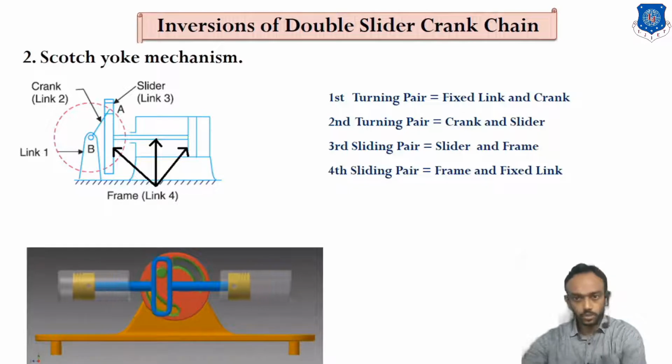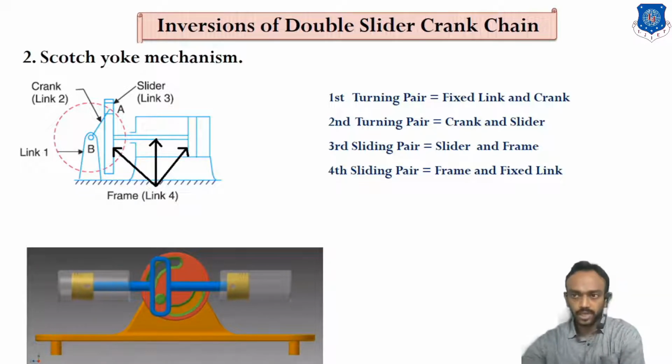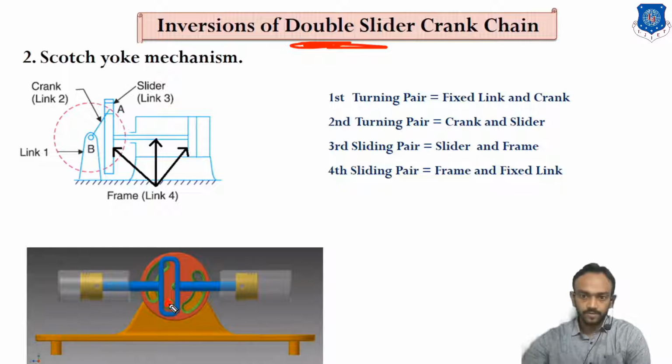Second is the Scotch-Yoke mechanism, and as you know, in the Scotch-Yoke mechanism or all other double slider mechanisms, there will be two sliding pairs. Which are the two sliding pairs here? You can see this element is sliding along this path.